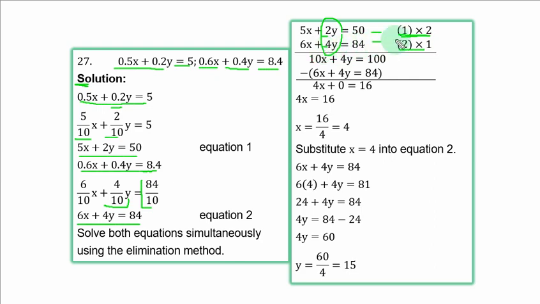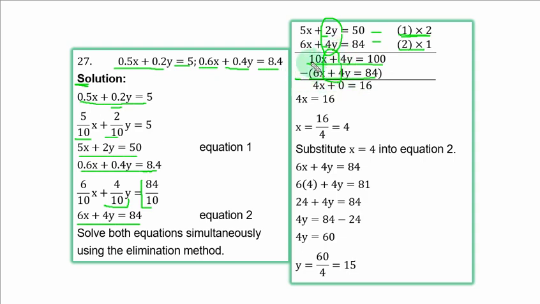If you multiply through equation 1 by 2, you have 10s plus 4y equal to 100, and equation 2 remains the same. The signs are the same. You need to subtract.